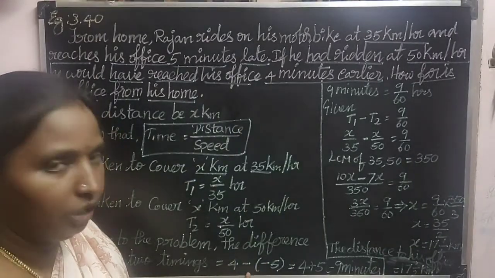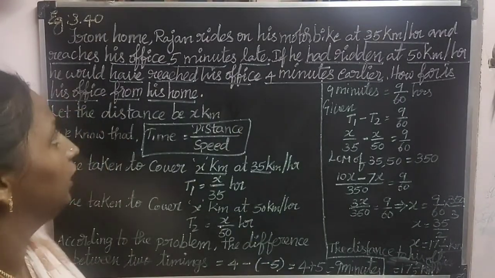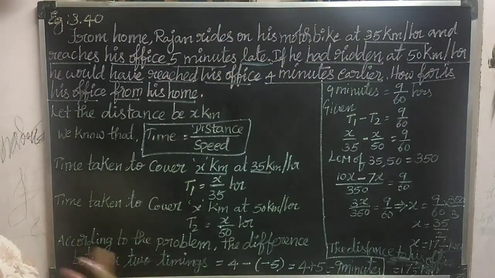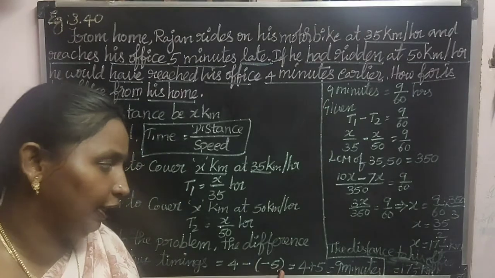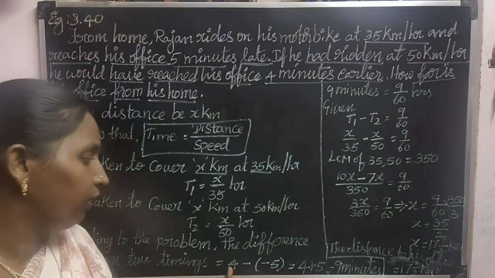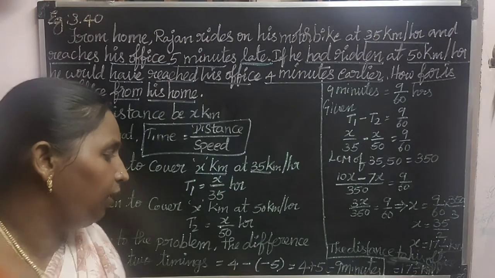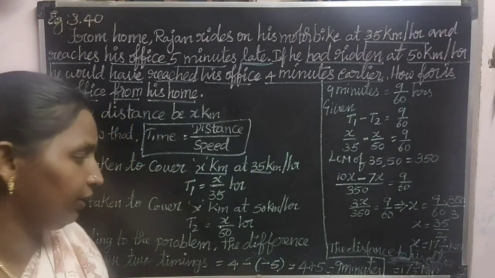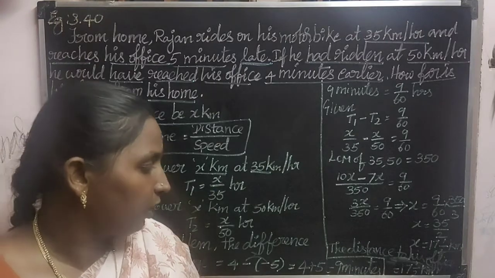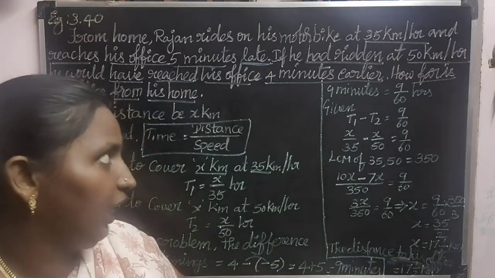For the difference, you have to subtract. Remember one thing: late means the time is shown as negative, so you have to write -5. So the time difference is 4 minus (-5), minus into minus gives plus, so 4 plus 5 equals 9 minutes. Did you understand here? So you will get 9 minutes.